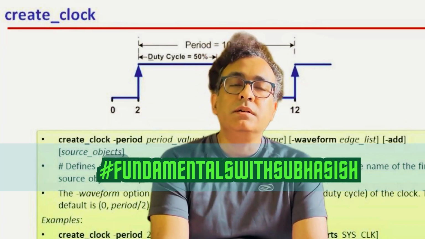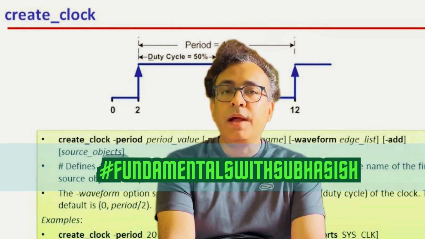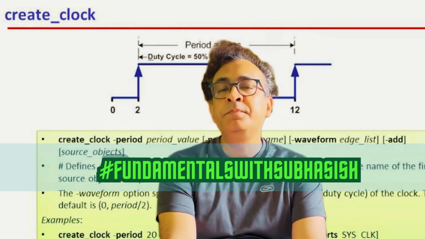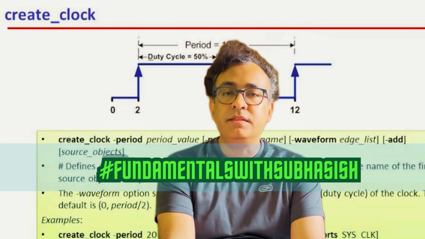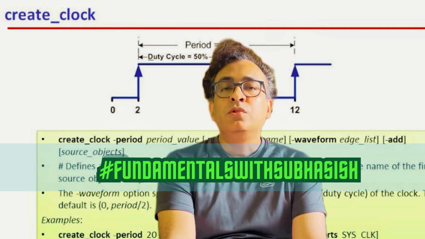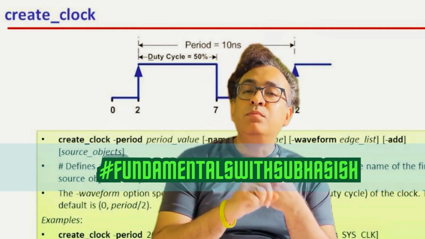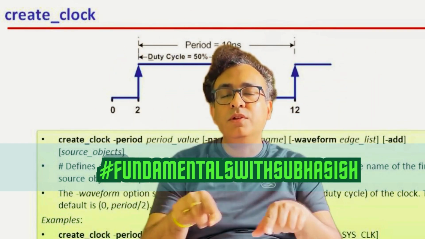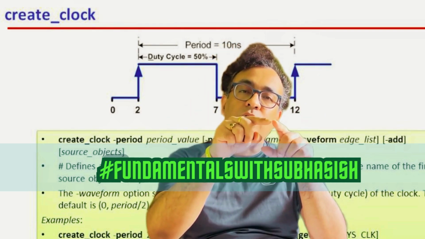Let's first start with the first design constraint, that is create_clock. Today we'll talk about the most popular design constraints, I think Synopsys design constraints, which are provided during the timing analysis process. Create_clock is generally applied on the input pin of a particular block. If you have an SoC and an individual module block or ASIC, you can directly apply it on the clock input pin of this module block.